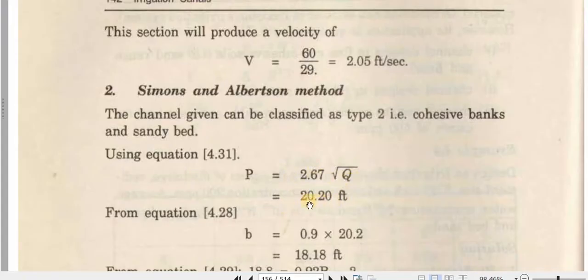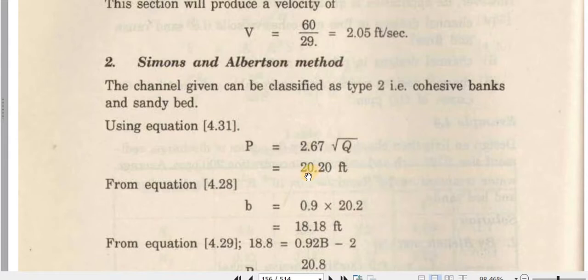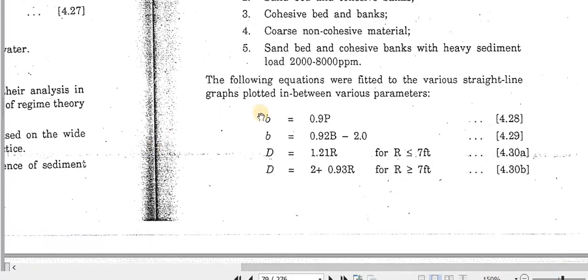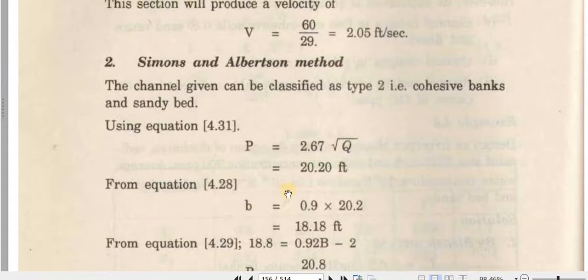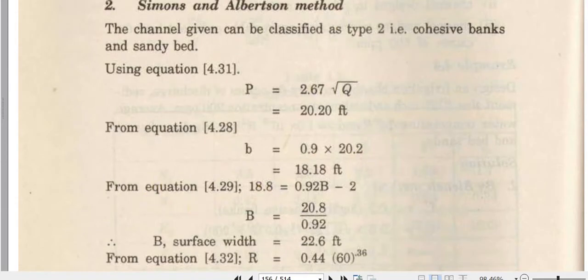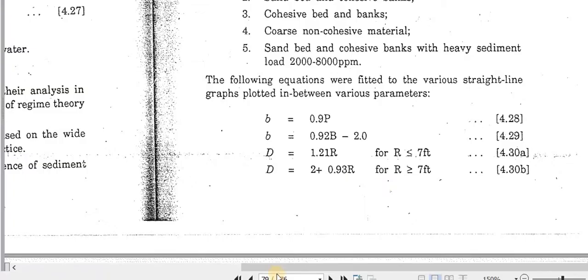We have Q, we will enter it and find P, then equation 4.28, and then we will calculate the other parameters. B is equal to 0.9 into 20.0, and from the equation we will calculate the capital B.